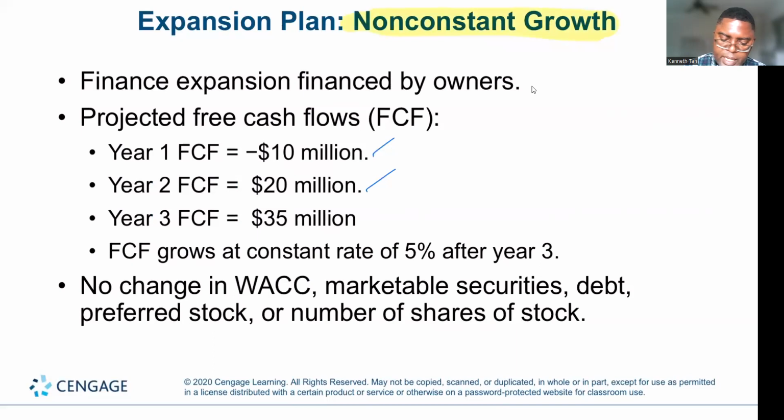For year three, it is 35 million. So notice that this cash flow growth is growing at a non-constant rate. And then we are told that after that, it maintains a constant growth rate of 5%. So after 3 years, the growth rate becomes 5%. So how can we value this company?